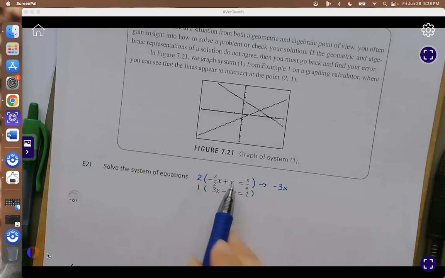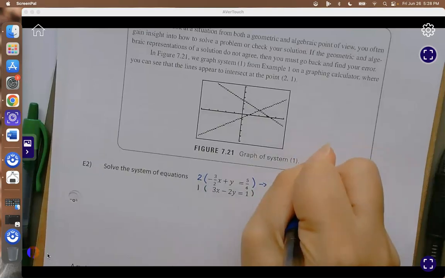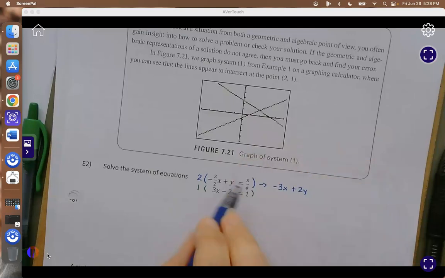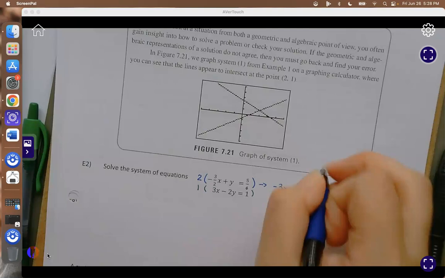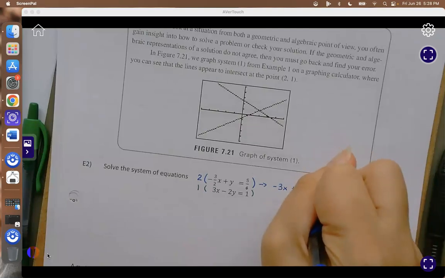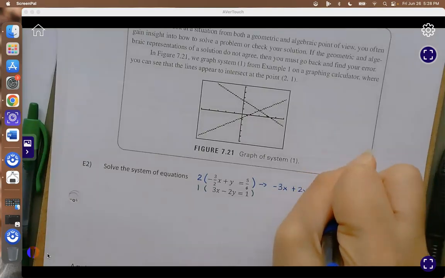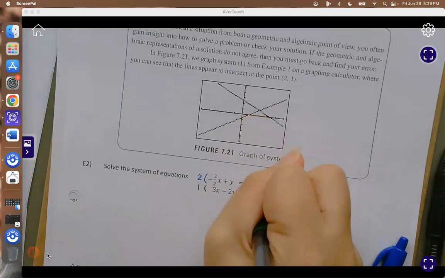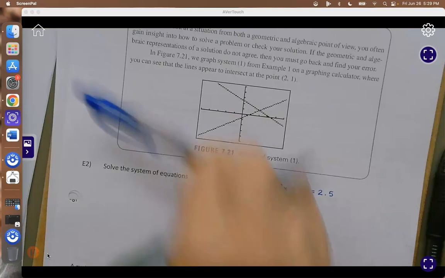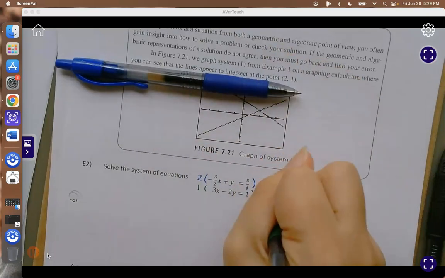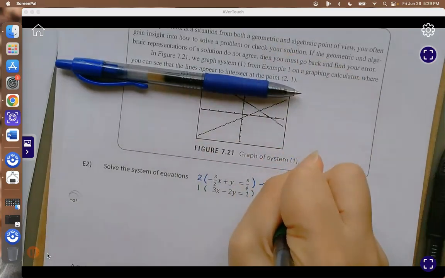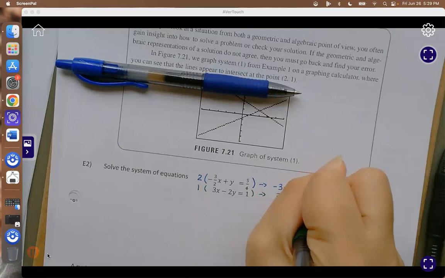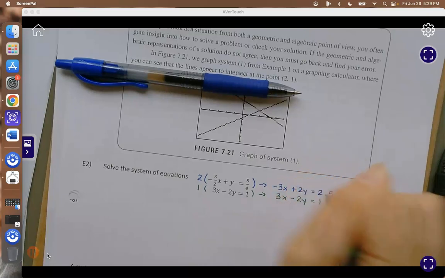Then 2 times y is 2y. Then here, this 2 reduces this 4 to a 2, so it's 5 halves, which is 2.5, if you're looking at a calculator. Okay, then when you multiply everything by 1 here, it becomes 3x minus 2y equals 1.